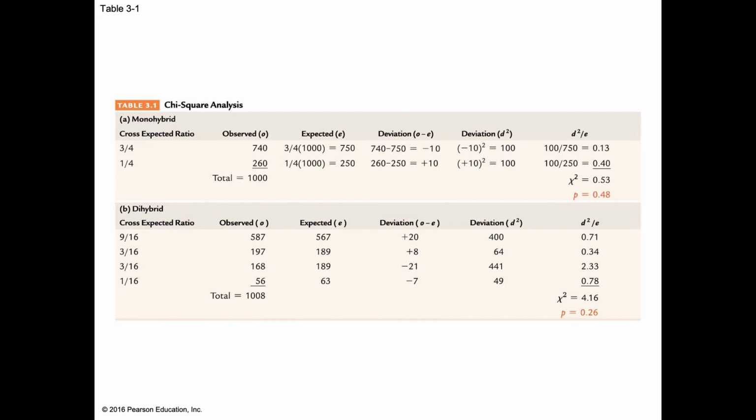Now, do they not match because of some unknown factor that could be playing a role in how flower color is formed in peas? Or do they not match just because of chance, right? Nothing's perfect, so you're not going to get the perfect ratio. Well, I don't know.